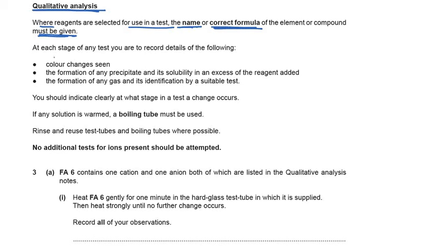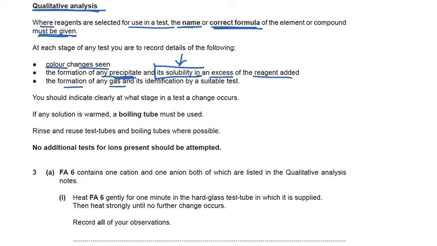Then at each stage we need to note down the color changes seen or the formation of any precipitates, and when precipitates are formed, the important part is to write its solubility in excess of the reagent given, even if it is not mentioned in the question. So this part is very important. Its solubility should be mentioned in excess of the reagent.